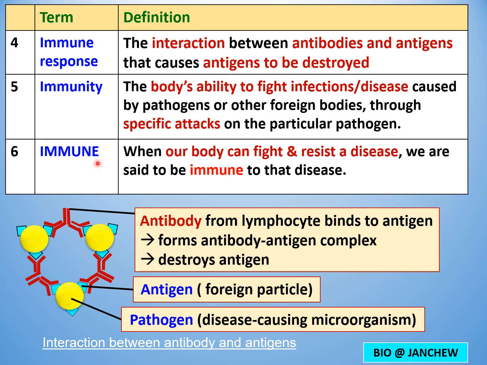Now, immune. When we say that a person is immune to a disease, it means that his body can fight and resist the disease and he will not fall sick. For example, a person who has recovered from chickenpox, or in Malay we call cacar air, will have a high level of antibodies in his blood after he recovers, and he will be immune to that disease, meaning that if he's exposed to the chickenpox virus again, he will not fall sick from that.